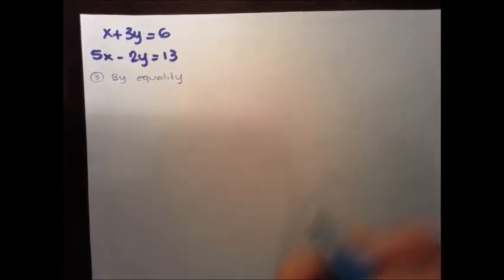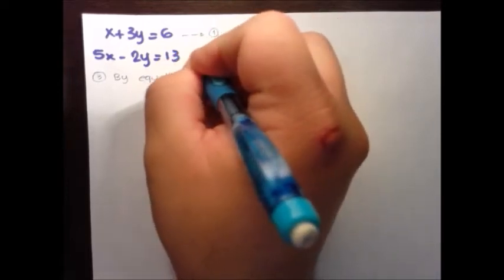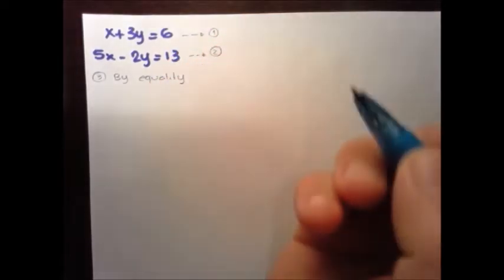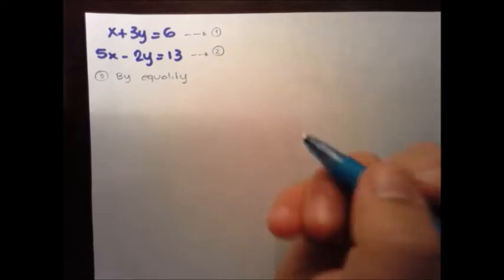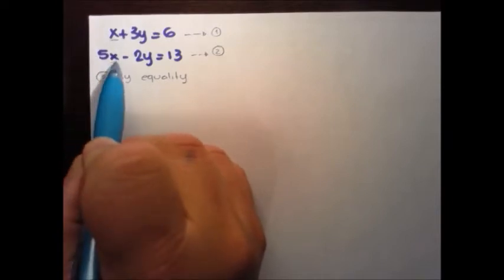In that case, I'm going to take both equation number 1 and equation number 2. I need to select one variable to clear in both equations. I'm going to continue with x because, as I told you, this is easy to clear, and it's going to be this one and this one.